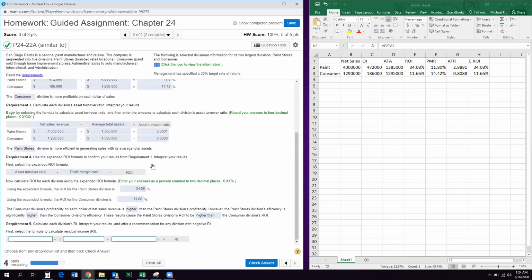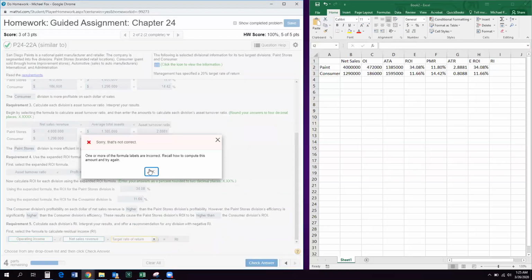All right, now it wants us to calculate the division's RI, or residual income. So residual income is just our operating income minus our target income, which is going to be our net sales revenue times the target rate of return, which is given to us up here as 20%.